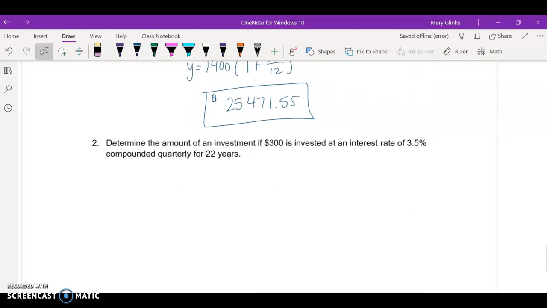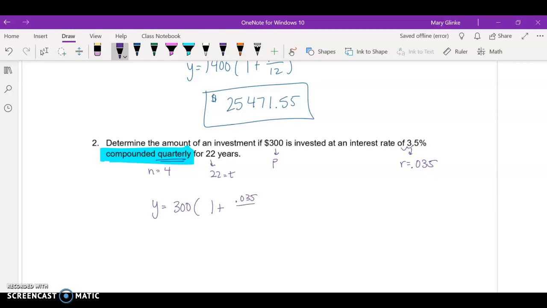Let's do one more. We're investing this $300. That is going to be our P value or our initial amount. 3.5% means our rate is going to be 0.035. Compounded quarterly, again here, this is what's telling us it's this compound problem. It means quarterly, 4 times a year for 22 years. So we're going to do y equals our initial amount times 1 plus our rate divided by our n to the n times t.